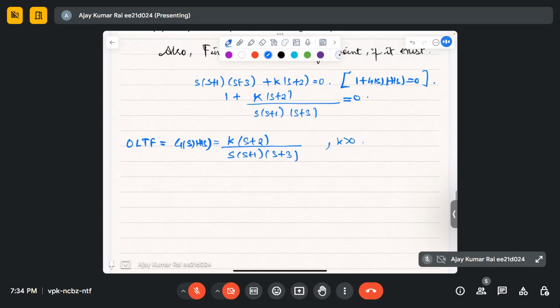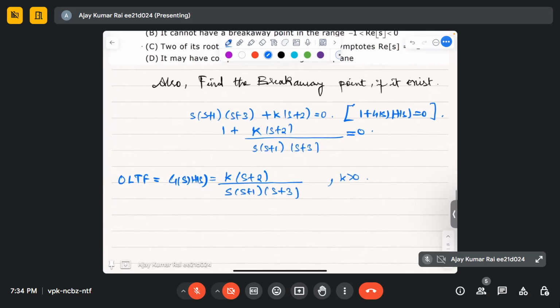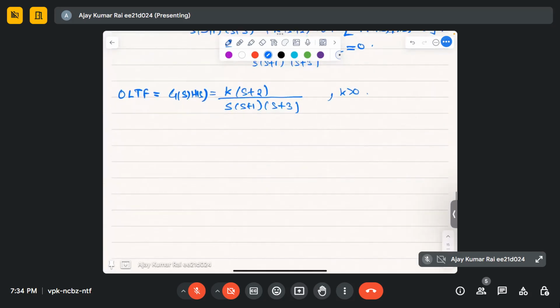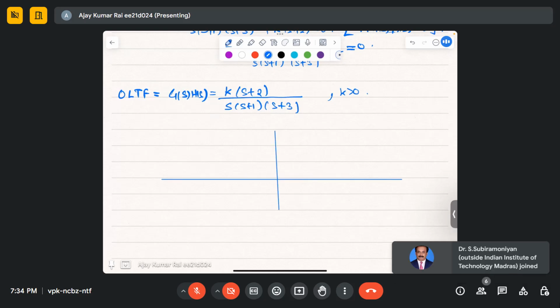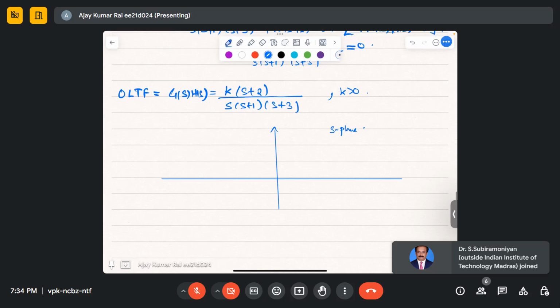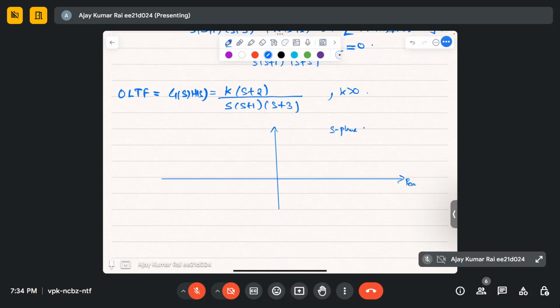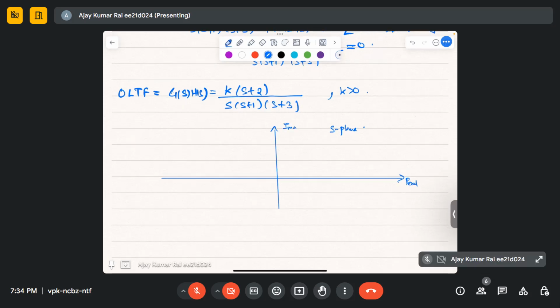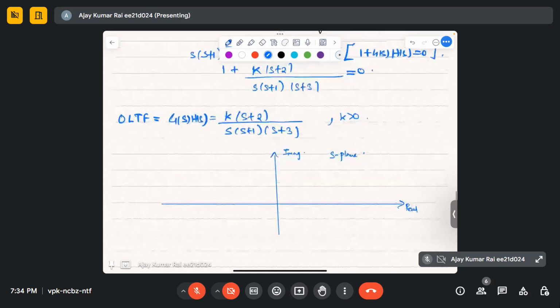Okay, so let's build the root locus. This is the s plane, with real and imaginary parts.